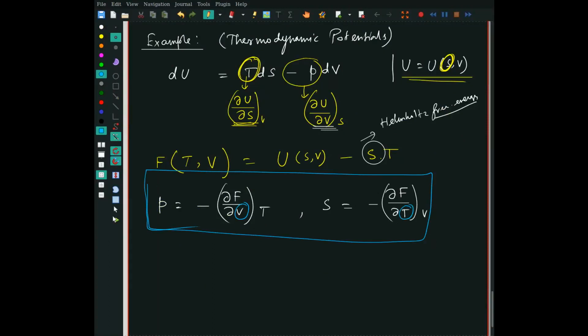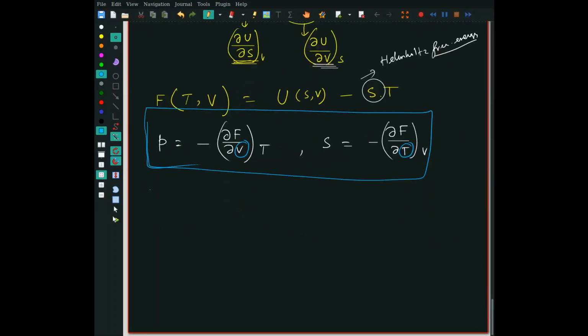So there are two more thermodynamic potentials that are known as the Gibbs free energy and the enthalpy, which is H. Those are basically explicit functions of complementary sets of variables. So you basically have S, V, T, and P as your explicit variables.